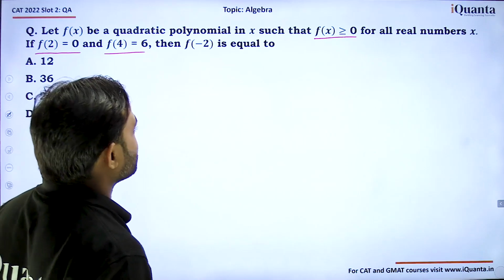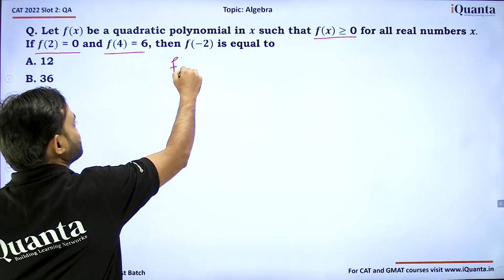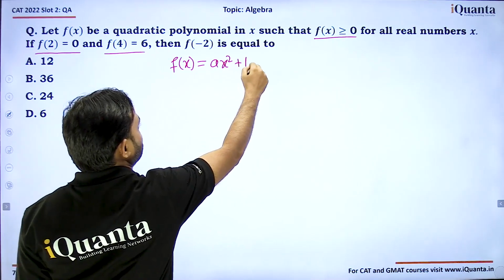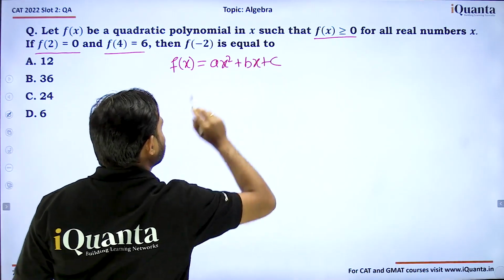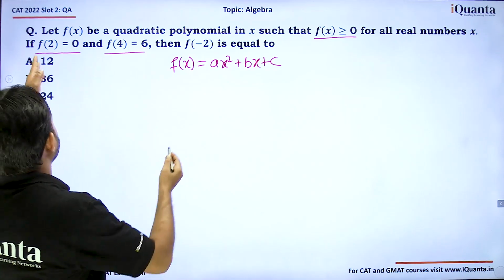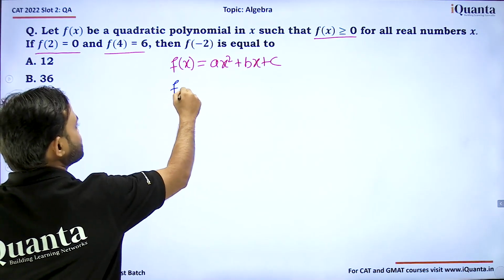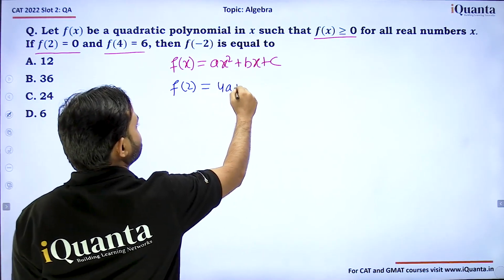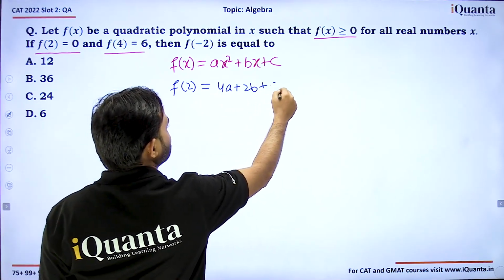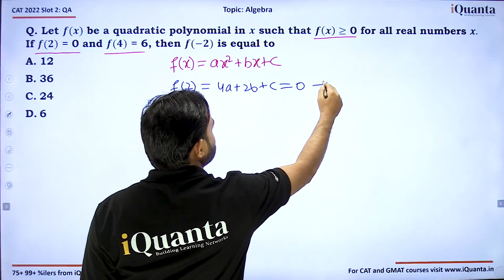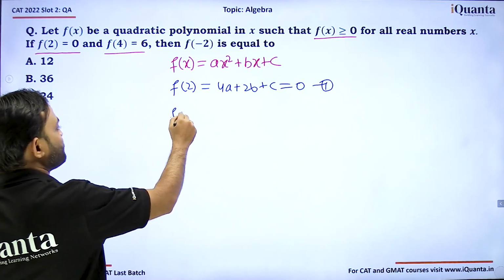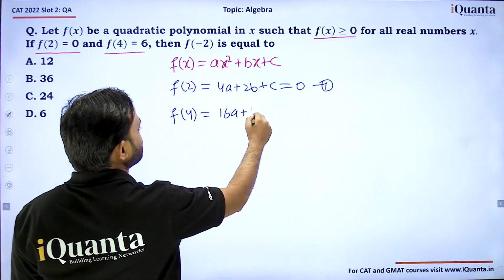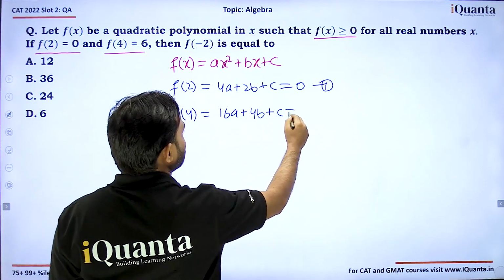What we can see here, if f(x) is equal to ax square plus bx plus c, then as per the question, we can say f(2) will be equal to 4a plus 2b plus c, which is equal to 0, first equation, and f(4) will be equal to 16a plus 4b plus c is equal to 6.